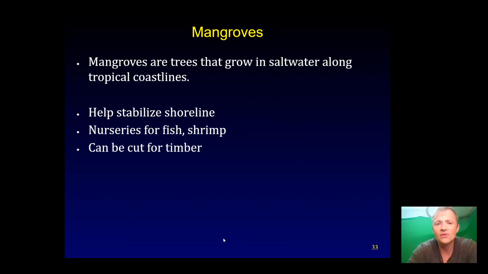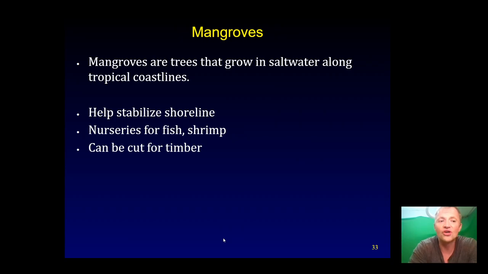Mangroves are trees that grow in saltwater along tropical coastlines. We have tons of these in Thailand, and they are super, super vital. First off, they help stabilize the shoreline, meaning when you have an earthquake or storm floods that come up and wash, if you don't have mangroves, it washes away the soil or destroys cities. Mangroves actually provide a barrier.